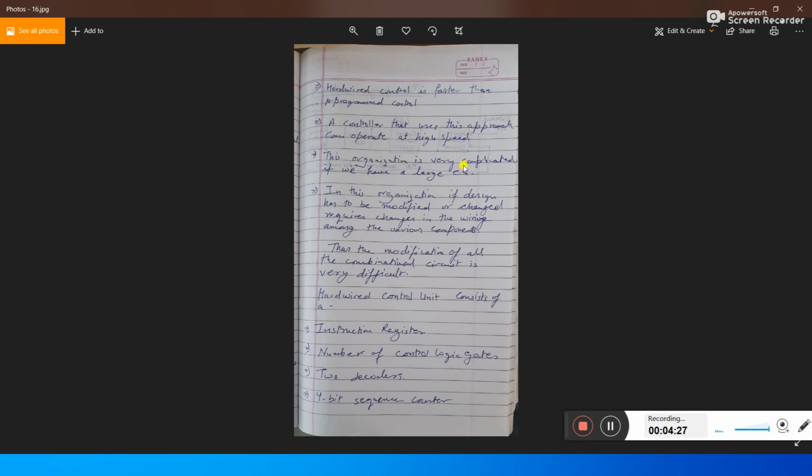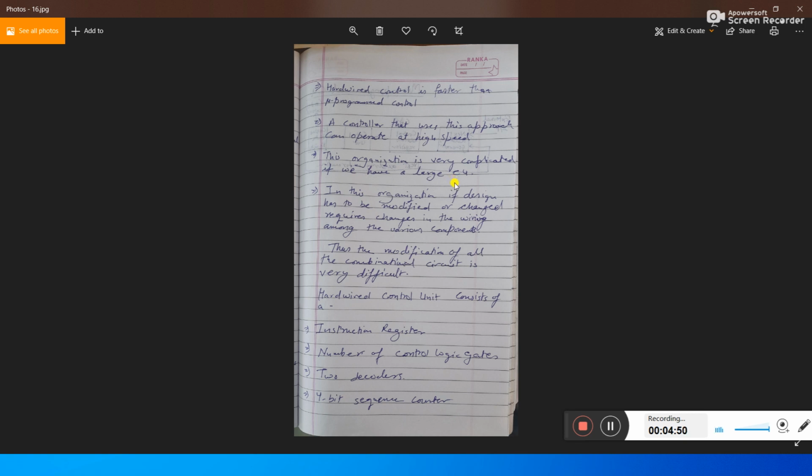This organization is very complicated if we have a large control unit. If my architecture is a 32-bit or 64-bit architecture, then this type of hardwired unit is very complex. So we can make a hardwired unit only for small controlling purposes.